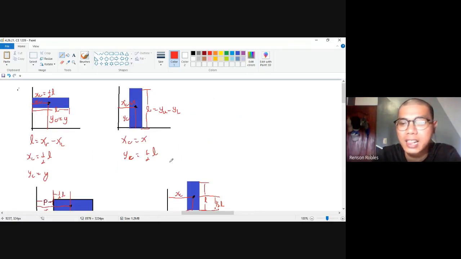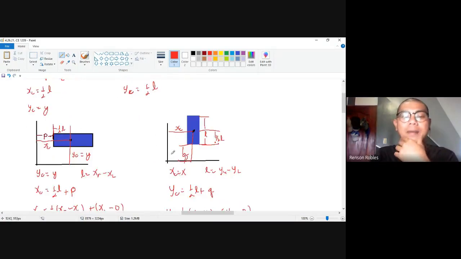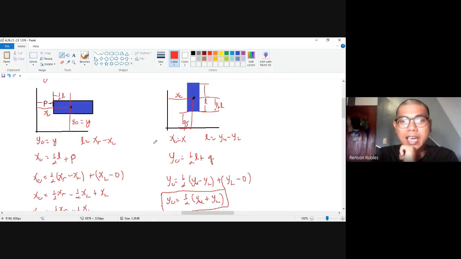For vertical element touching the X-axis, XC is X, YC is 1/2 of L. And then, if you are not touching the X-axis, XC is X, YC is 1/2 Y upper plus Y lower.